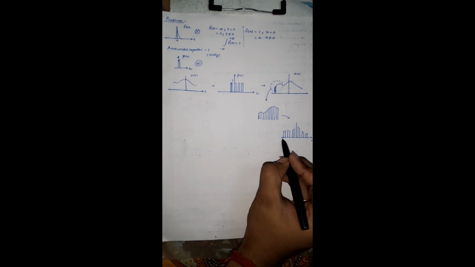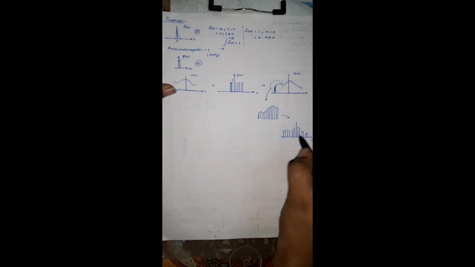Okay, that means you can see though the signal has been discretized in the time domain, that is we have found some values of the signal at discrete time intervals, the magnitude of the signal is still continuous within these small time intervals.